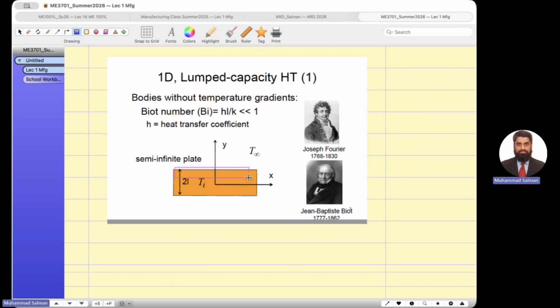We are not considering the infinite plate, but a semi-infinite plate, and the characteristic length is the middle of the thickness. If this is 2L, the middle is L, which is the characteristic length. You understood this point? When you apply this formula, you have to check the Biot number, hL over k, where k is the thermal conductivity, h is the overall heat transfer coefficient, and L is the characteristic length, V over A.